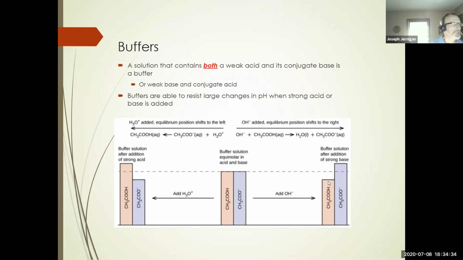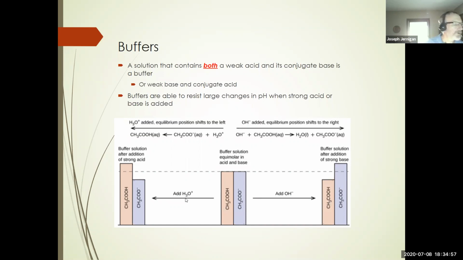The concentration bar will go down, and a corresponding increase in the conjugate base of acetic acid will occur, generating additional acetate. Therefore, you're buffering against the strong base.